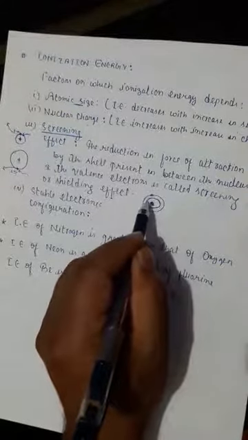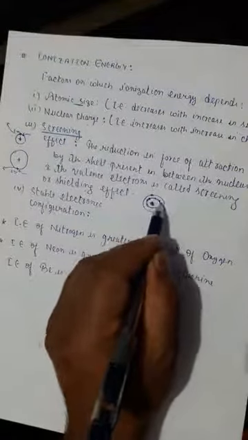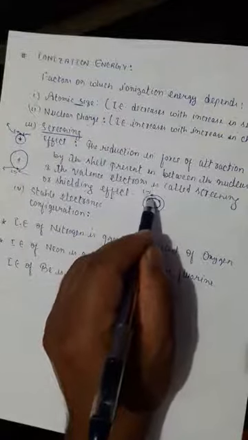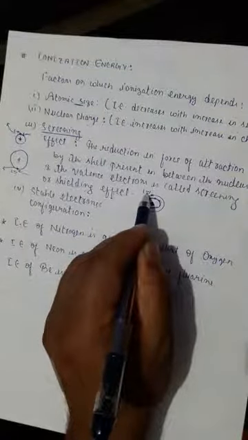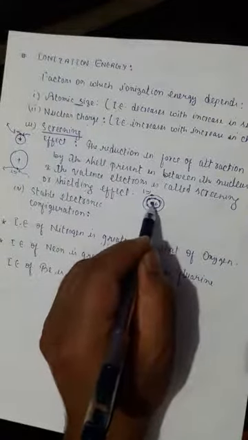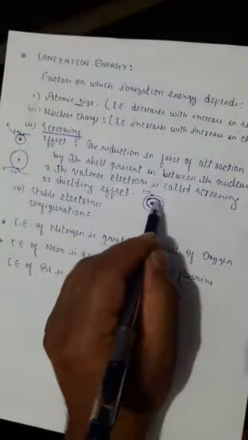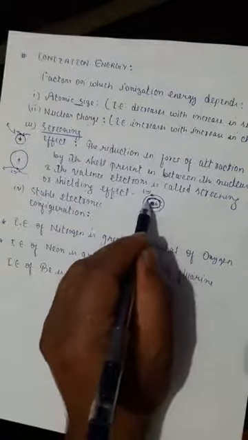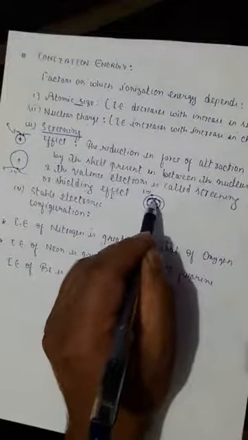Now there are other shells present in between. The electrons present in these shells will act as a barrier between the negatively charged electron in the outermost shell and the positively charged nucleus at the center. Now these electrons in between act as what? A barrier.